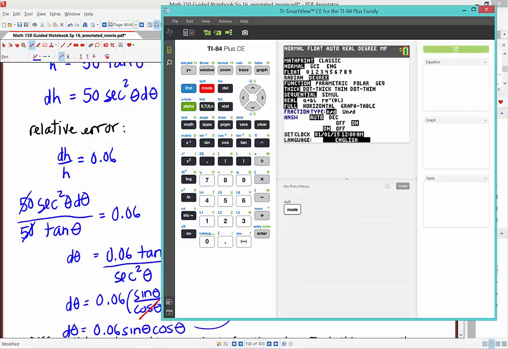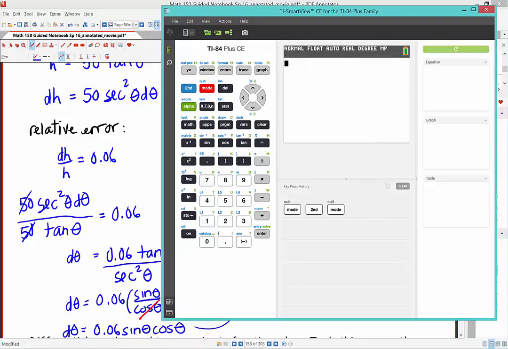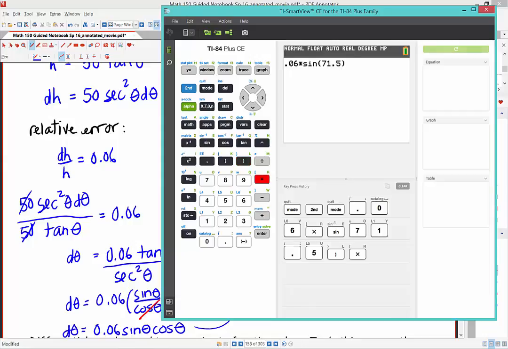If we go to mode, see that we're in degree, so we're good there. All right, so let's see what we get. 0.06 times sine of 71.5 degrees times cosine of 71.5 degrees. And we get 0.018 approximately.